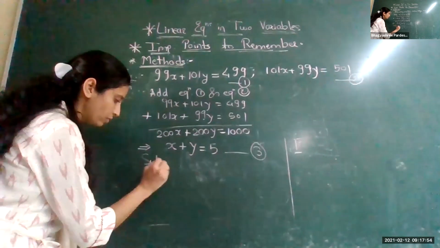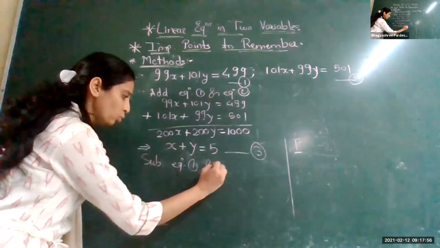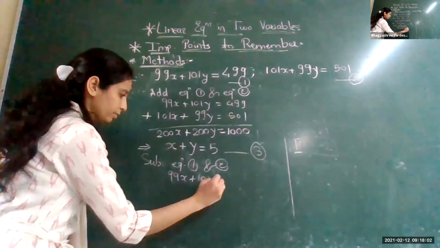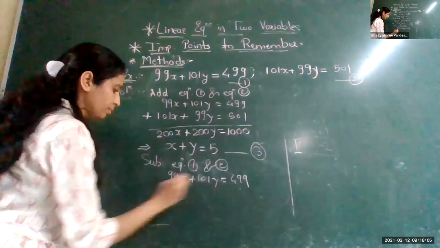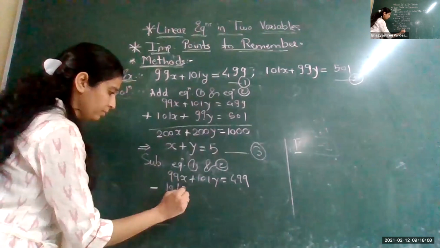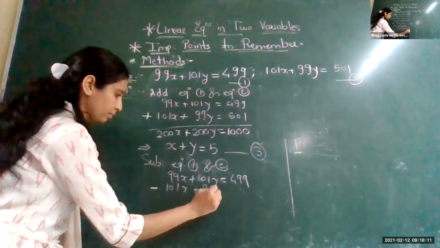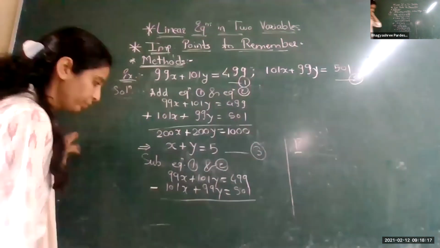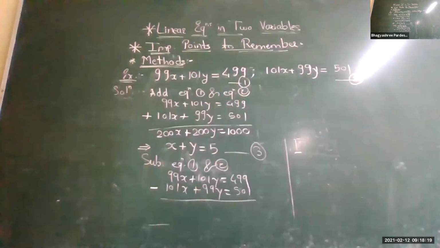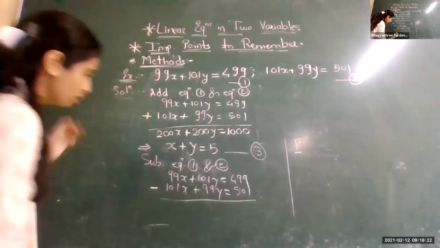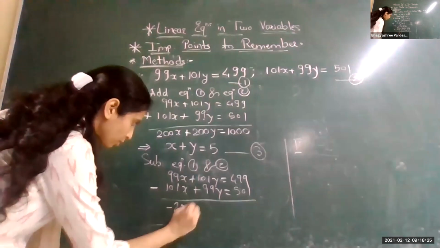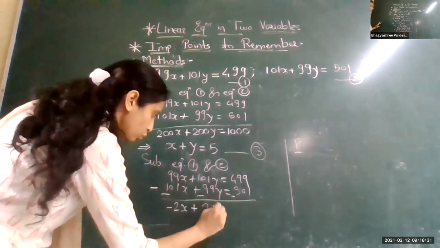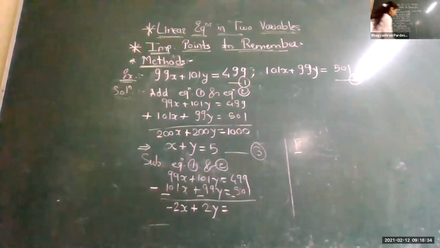Now subtract equation 1 and equation 2. So it is 99x minus 101x, let's subtract this one, so this is equal to minus 2x, plus 2y, and this is equal to 501 minus 499.